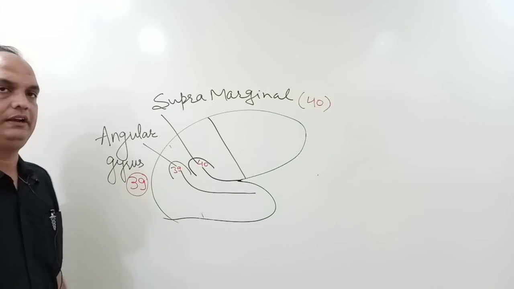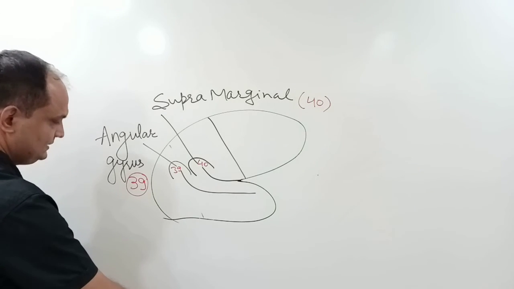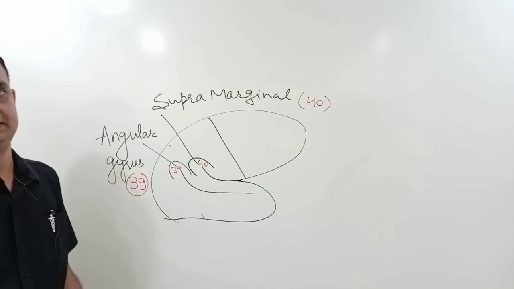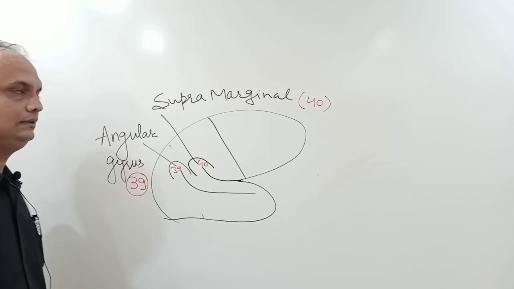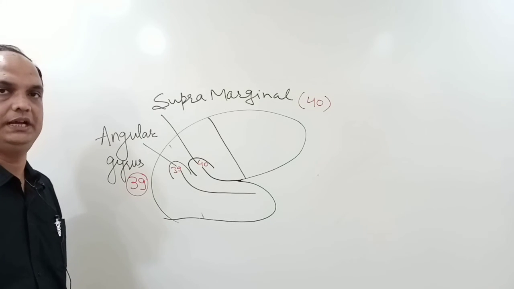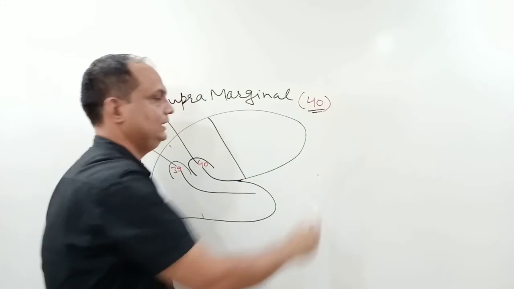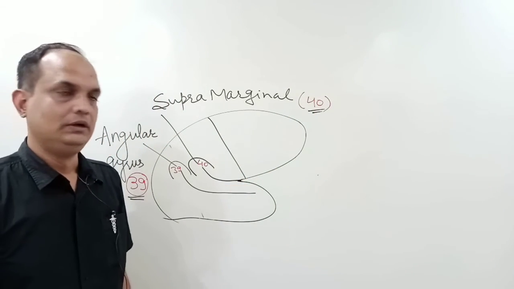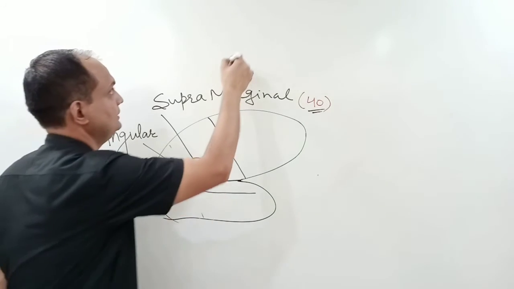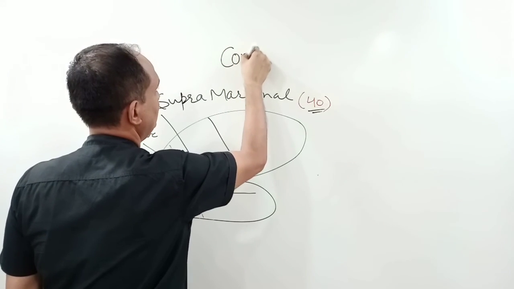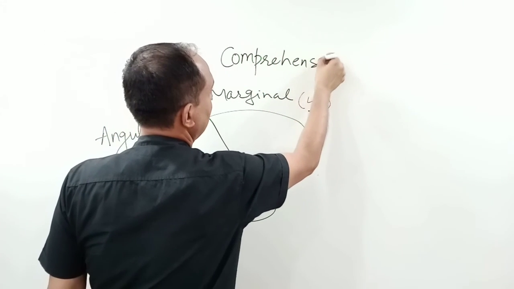But when you see Wernicke's area, it also occupies area number 22, which is part of the superior temporal gyrus. So whenever you are reading about the sensory speech area, it is not only 39 and 40, but it also includes area 22. This area is for comprehension of your language.